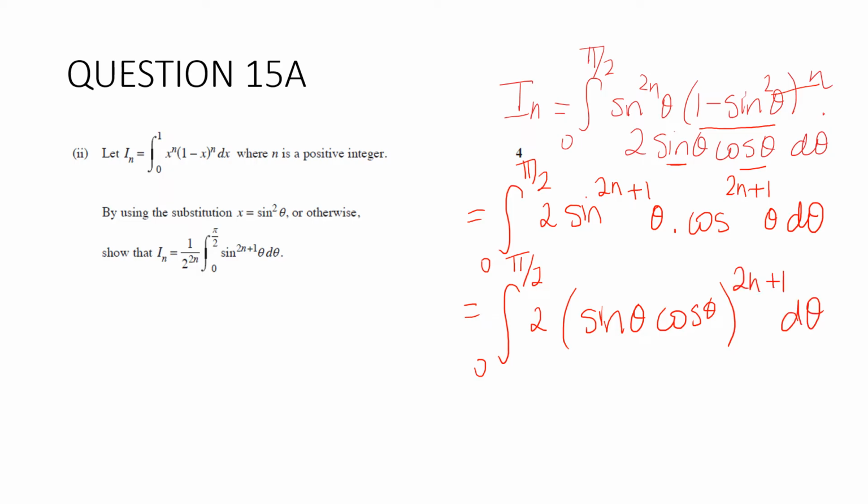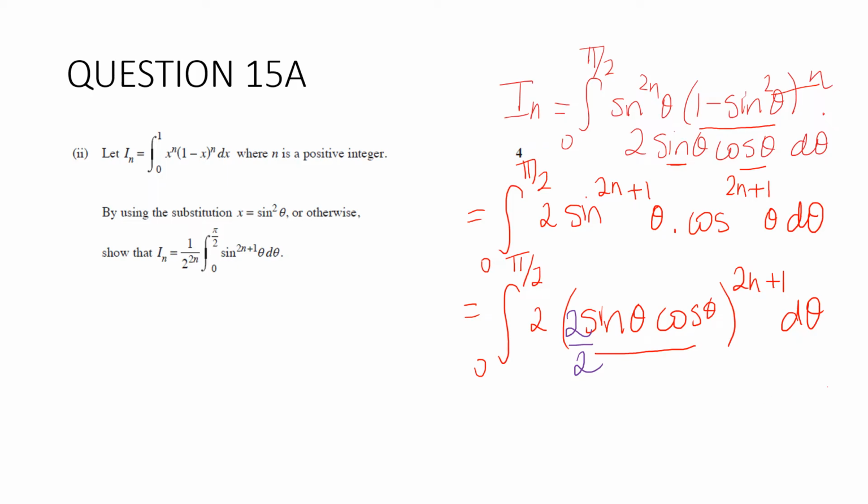And so what I want to do is change this into sine 2 theta. And to do that, we are going to need a 2 here, and then we'll have to adjust it. If that makes sense. I'm just going to get rid of that.